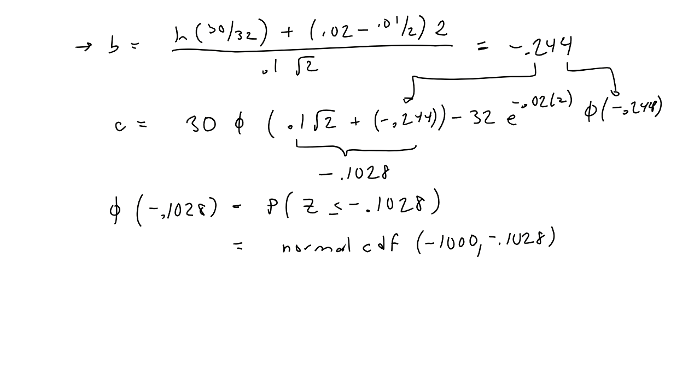Depending on which calculator you have, you can either put it in like this, because if you leave off the last two numbers, it assumes standard normal. If you have one like mine, where a menu pops up, you put in that the mean is 0 and the standard deviation is 1.